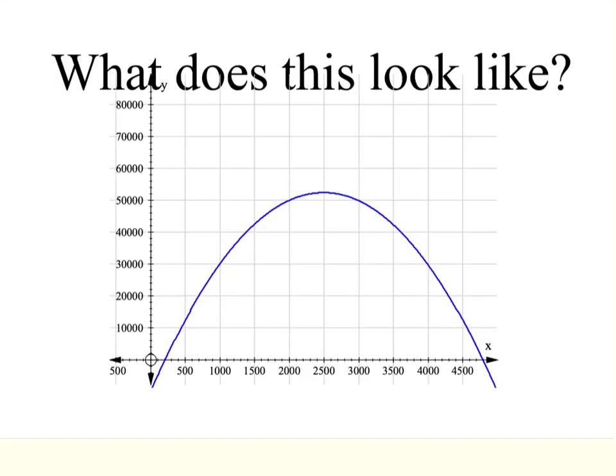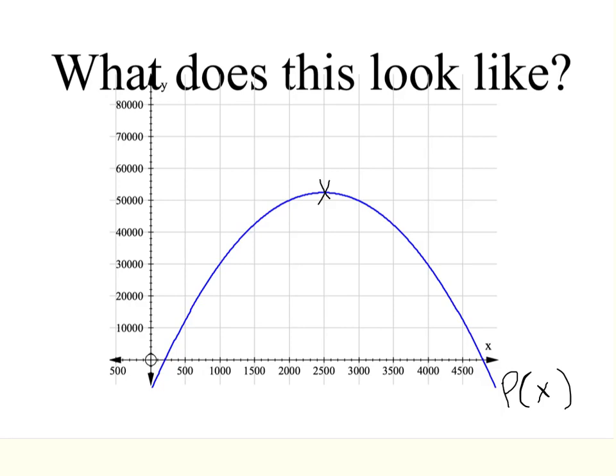Okay, so it's always fun to look at what the graph of a function would look like. This is actually our profit function, P of x, here graphed in blue, and we can see that it hits a maximum up here. And the thing that's really interesting about this is we already know the value of x at that maximum is 2,500.